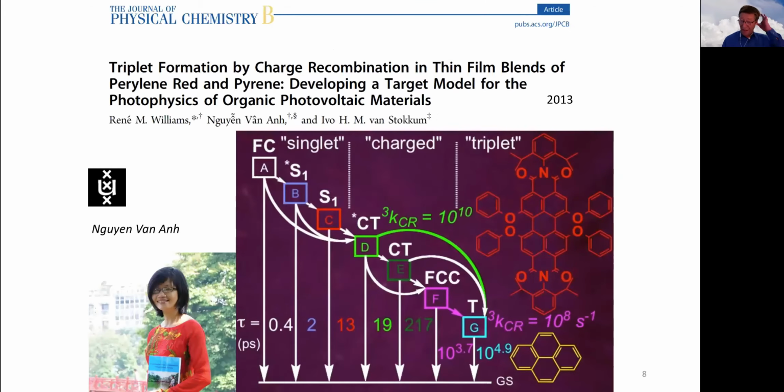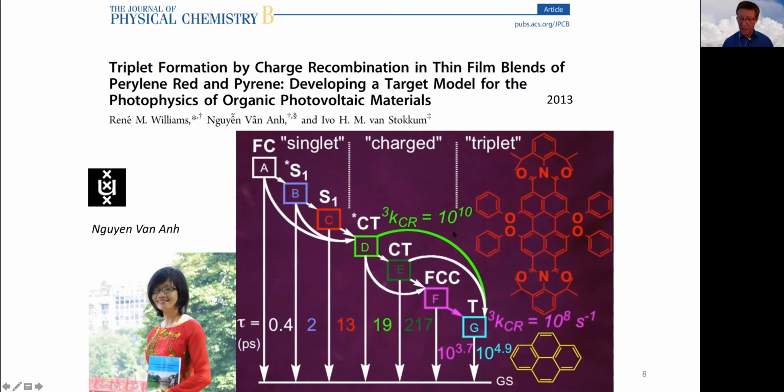A bit later, in 2013, we saw the same process, but actually in a film and with two different rates. So we saw that charges were recombining to form triplet states on a time scale of 10 to the 10 per second, a rate of 10^10 per second, but also on a slow time scale of 10^8 per second.